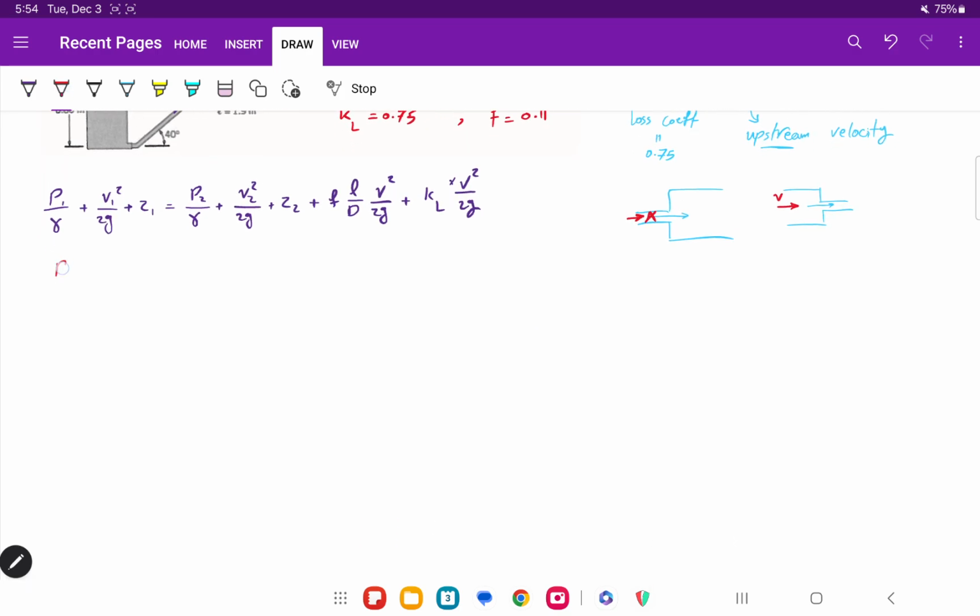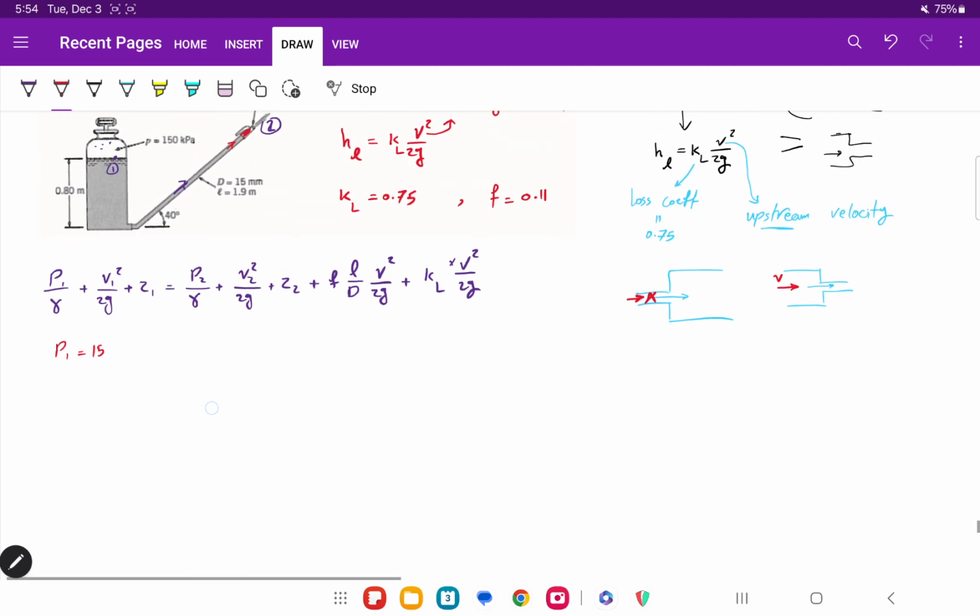We know that pressure at point 1 equals 150 kilopascal. We know velocity at point 1 is 0. It's a free surface actually. And what else do we know? Z1 is 0.8 meters. For point 2, we know pressure at point 2 is atmospheric, it's 0.